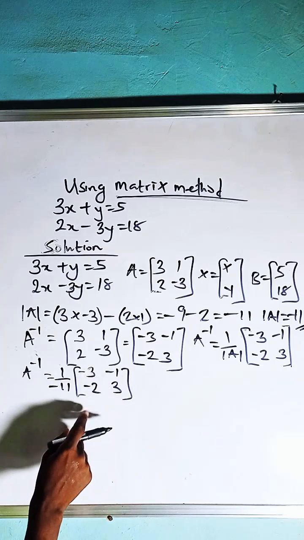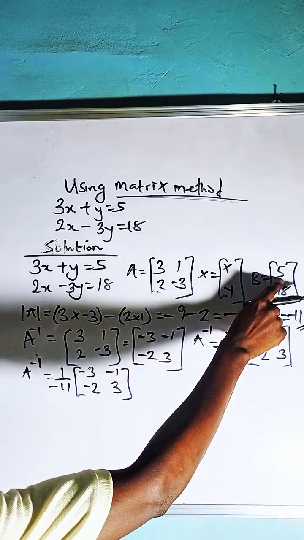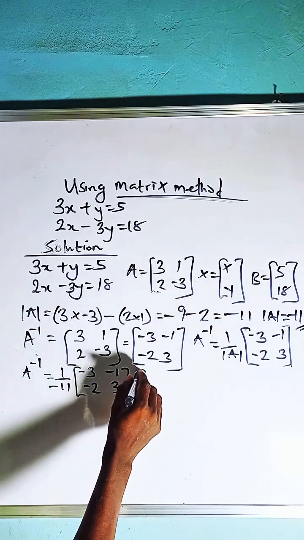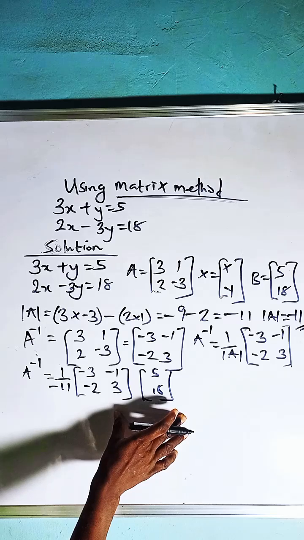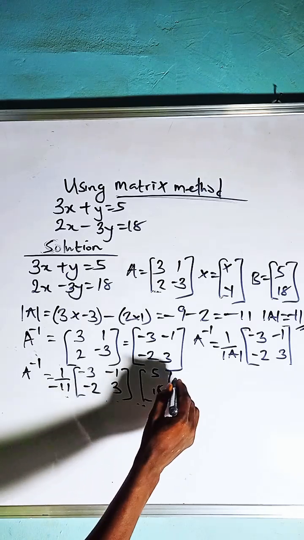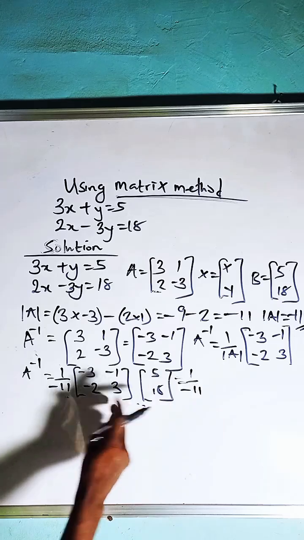The next thing we do is to multiply it by 5, 18, which represents B. So we have 1 over minus 11.